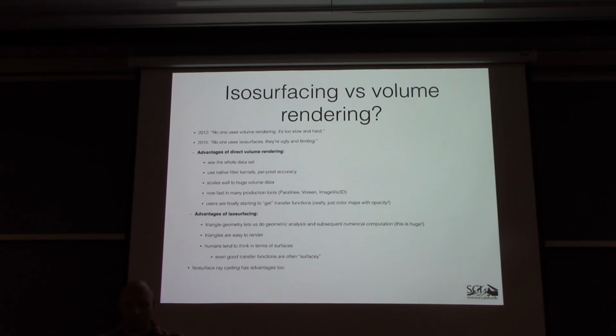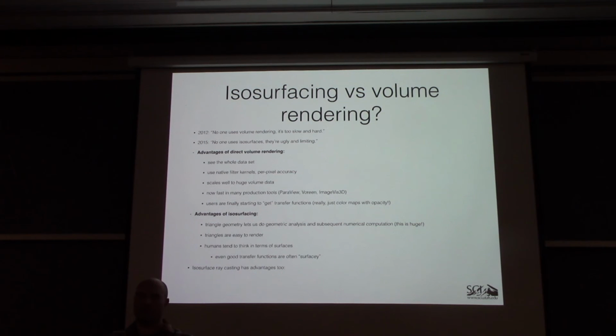Advantages of isosurfacing. Isosurfacing is what you want to use anytime you need to do subsequent analysis or computation from a mesh. It's really your only option then. Triangles are still easy to render, even if you're not rasterizing them. And also, humans tend to think of surfaces.